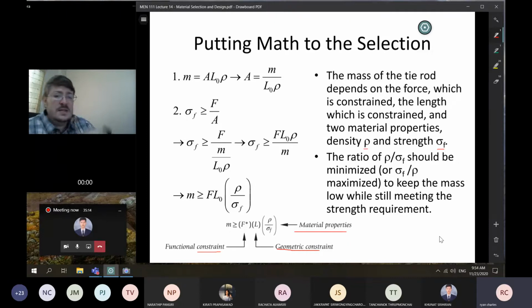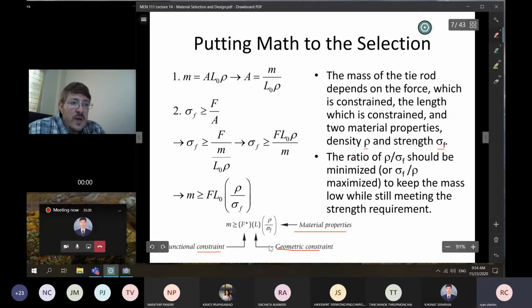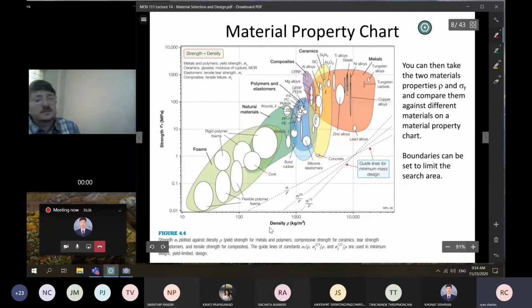Some of this becomes obvious after a while, but here we can show mathematically why it's obvious, because we want to minimize this term. So low density, high strength. And so now you find property charts. This is what Ashby's books are known for, all of these strange looking graphs or property charts.